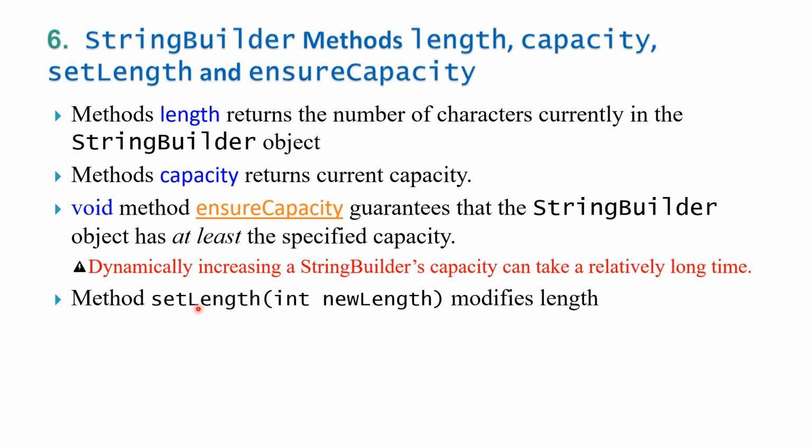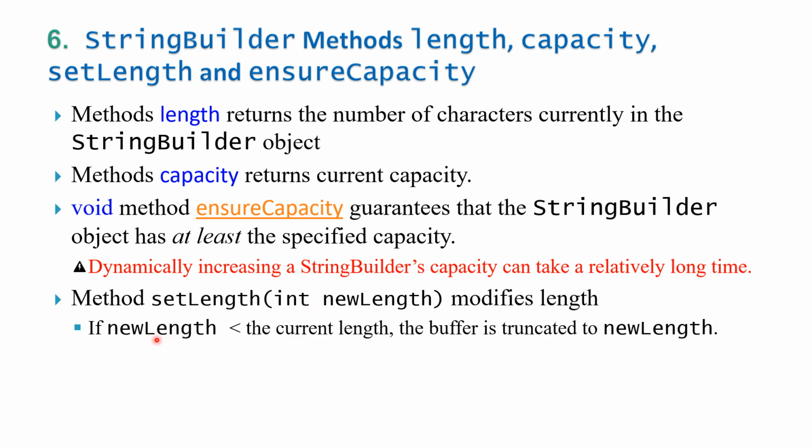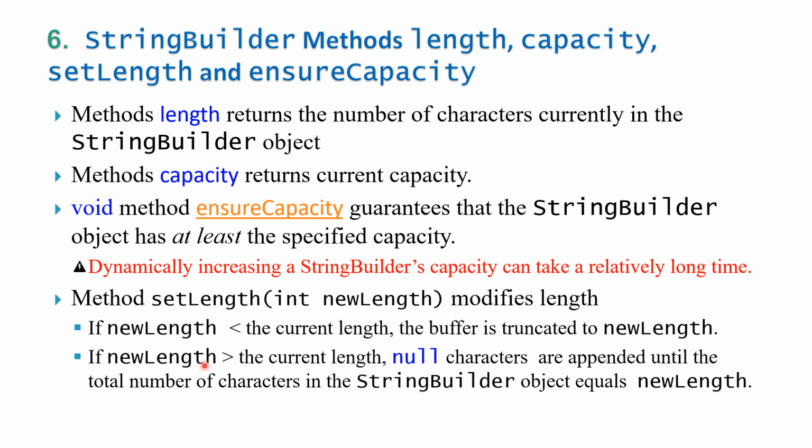It's also a void method and takes one int argument, namely newLength. If newLength is less than the current length of the StringBuilder object, then the buffer is truncated to newLength. If newLength is larger than the current length of the StringBuilder object, then null characters are appended until the total number of characters in the StringBuilder object equals newLength.